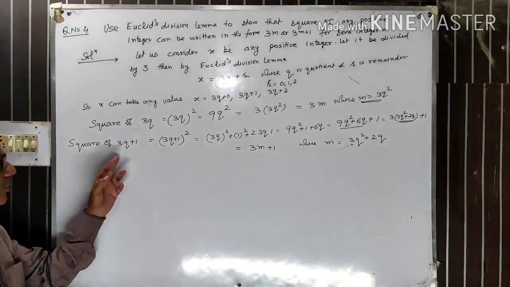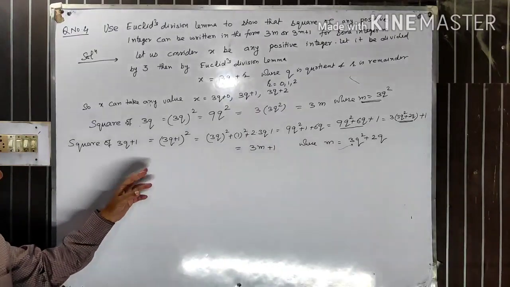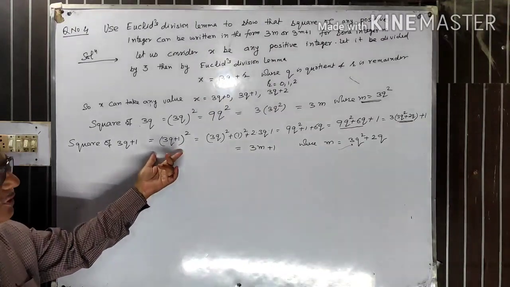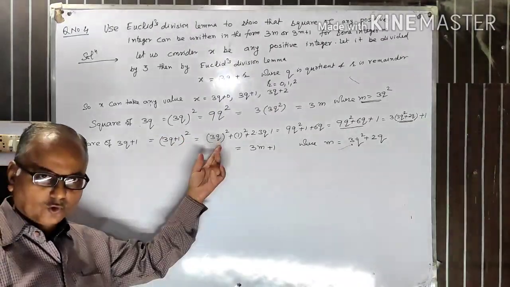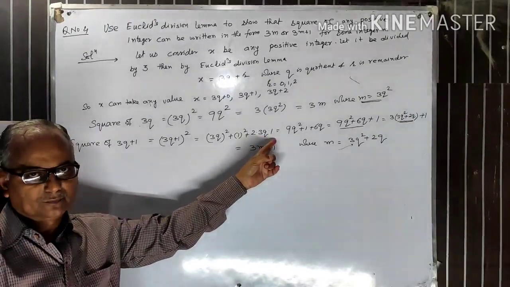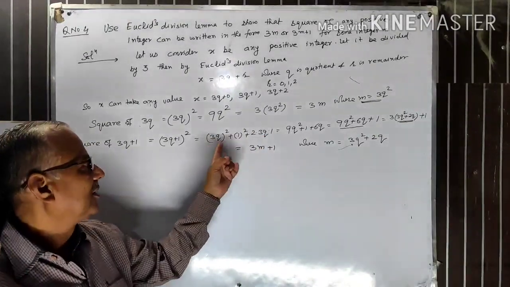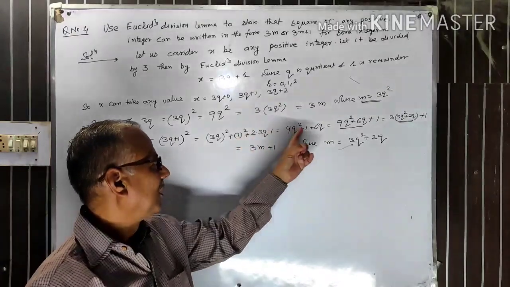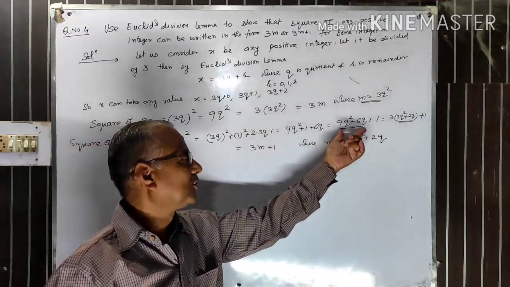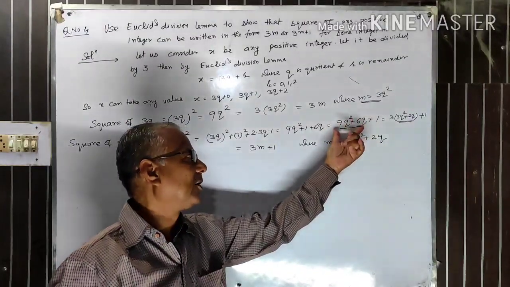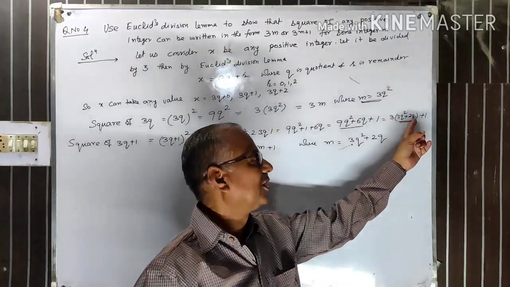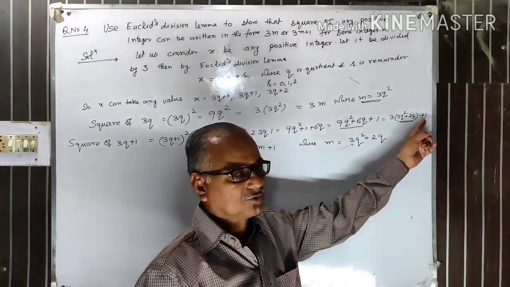Then look at the square of 3q plus 1. So you do the square, 3q plus 1 whole square, that is 3q square plus 1 square plus 2 into 3q into 1. That can be written as 9q square plus 6q plus 1. You can take out 3 common: 3 into 3q square plus 2q, plus 1.